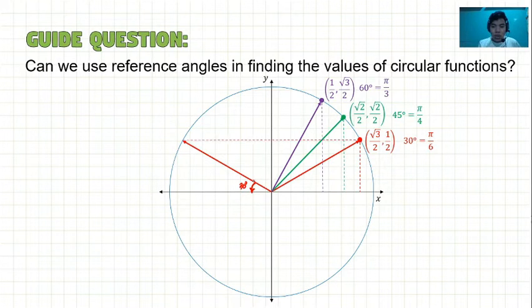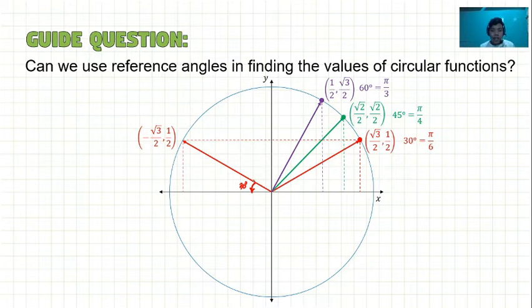So this y value here are equal and your x value is just the negative of your x sa quadrant 1. So therefore, the coordinates now of this angle here will be negative square root of 3 over 2 and 1 half. So as you can see, bumalik lang yung coordinates. But okay, but the signs different na.